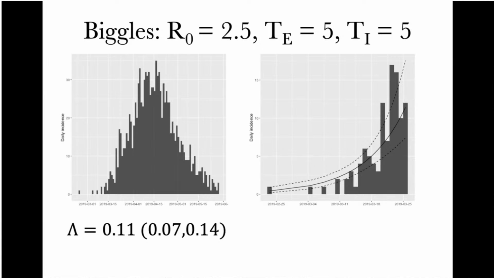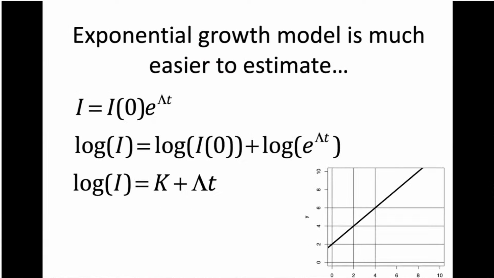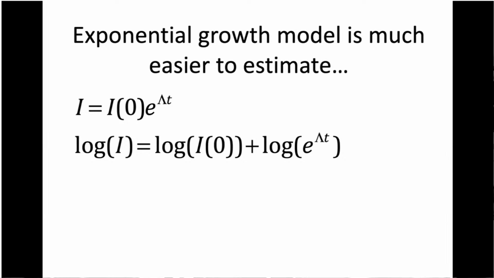So let's fit a regression line on those cases, log I, with this particular equation I've shown here. We're basically fitting this to that early phase of the epidemic and estimating the exponential rate here.